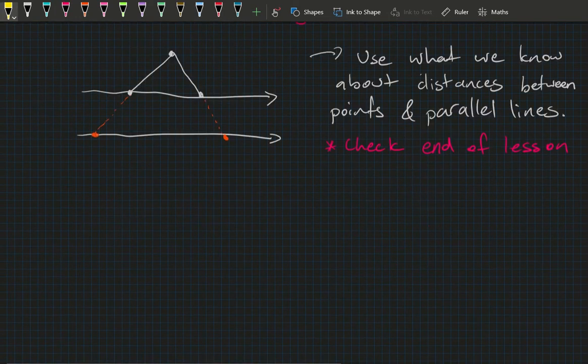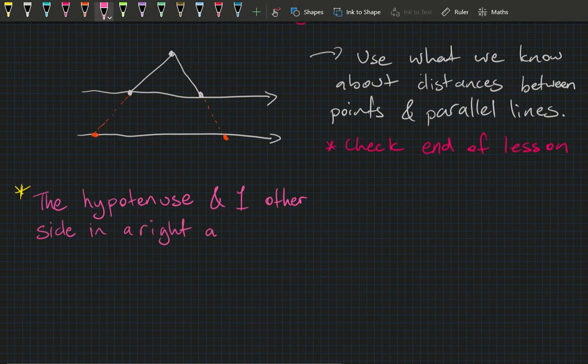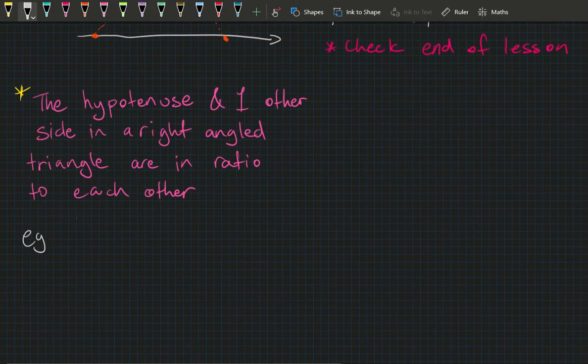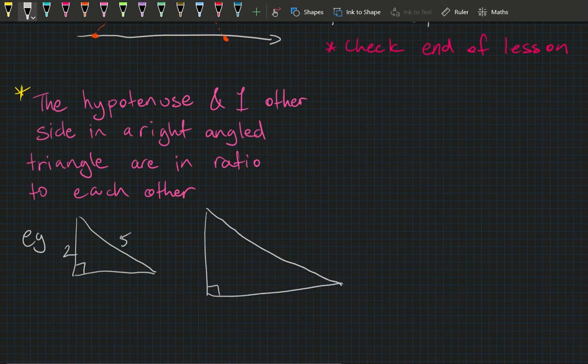And the final test we have is to see if the hypotenuse and one other side of a right angle triangle are in ratio to each other. So for example, a right angle triangle with a hypotenuse of 2 and one side of 5, and a triangle with a hypotenuse of 7.5 and the corresponding side being 3, are clearly in ratio to each other because 7.5 divided by 3 is equal to 15 on 6, which is equal to 5 on 2.